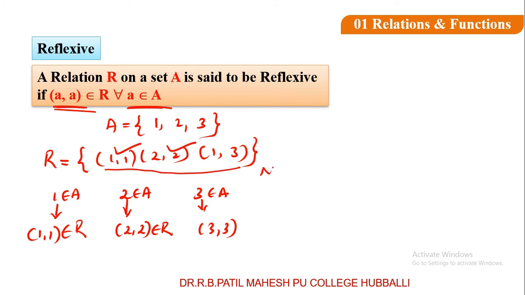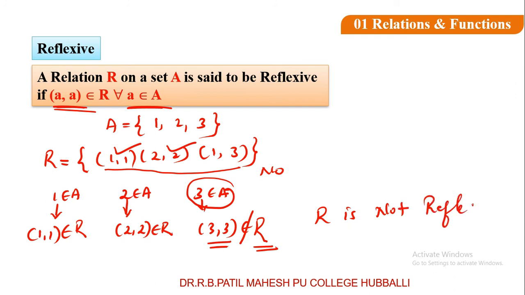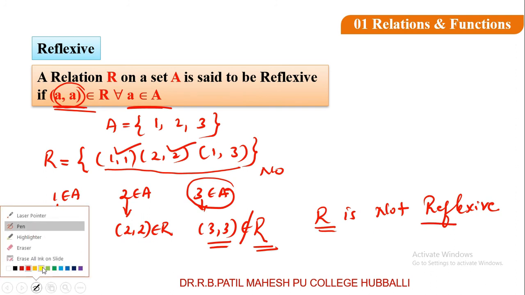No. It means 3 comma 3 does not belong to R. So the element is in the set, but the ordered pair is not in the relation. So we should say that this relation is not a reflexive relation. If one element has no ordered pair of this type, then the entire relation is not reflexive. Hope you understood the definition of reflexive relation.